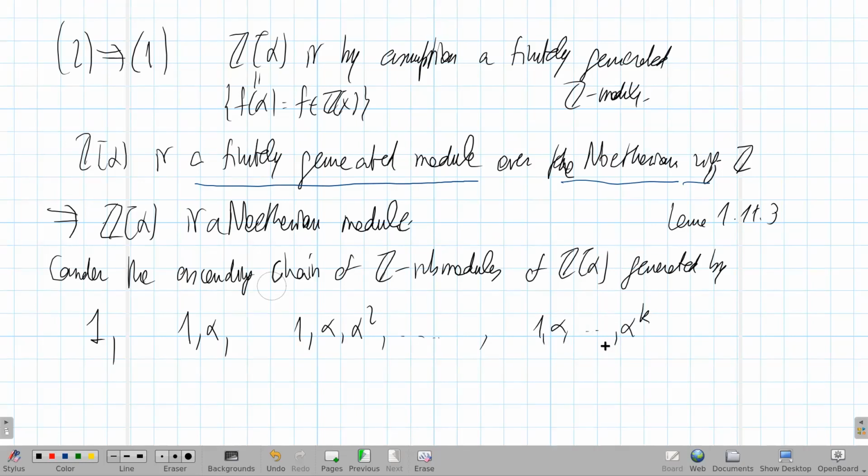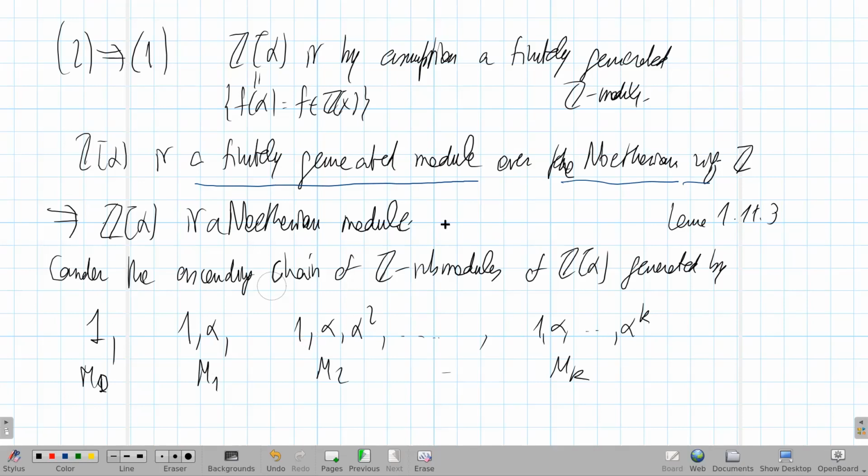So you consider the first submodule, say M0, M1, M2, and so on, Mk. M0 is generated as a Z-submodule by 1, so the multiples of 1. M1 is generated by 1 and alpha, so linear combinations with integer coefficients of 1 and alpha, and so on, 1, alpha, and alpha squared.